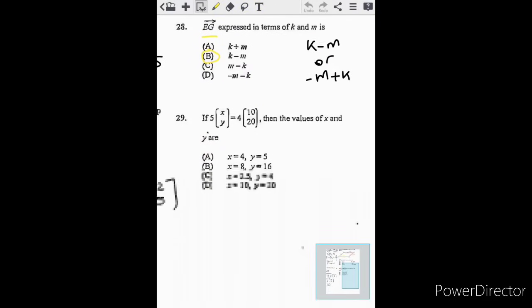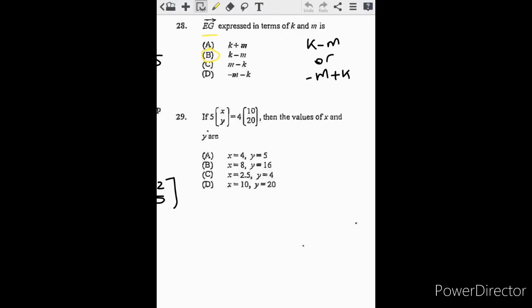Moving on to 29, we have if 5(x, y) is equal to (4, 10, 20), then the values of x and y are, what we'll do is multiply our 5 to our x, y and our 4 to 10 and 20. Rewriting it, we have 5(x, y) is equal to (4, 10, 20).